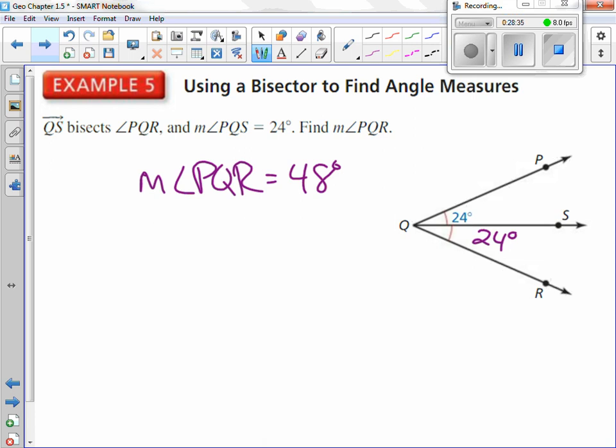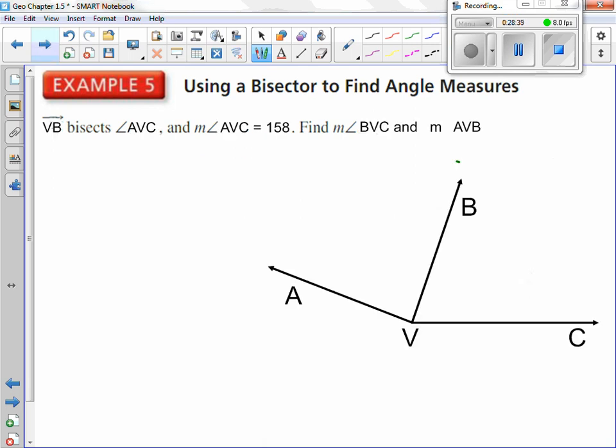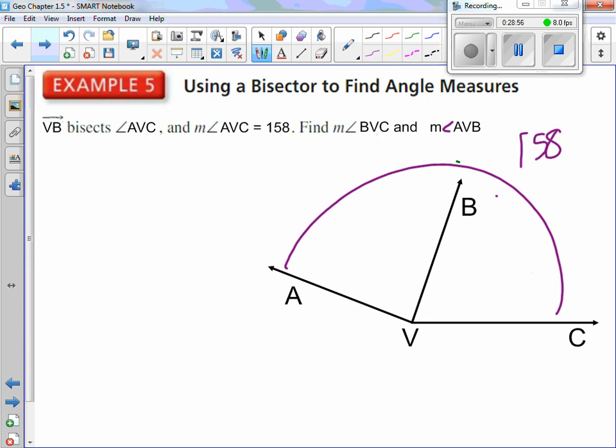Questions on this here? This one here, they told us that AVC is 158. So what would be the measure of AVB? So the whole thing is 158. If it bisects, it cuts it in half.